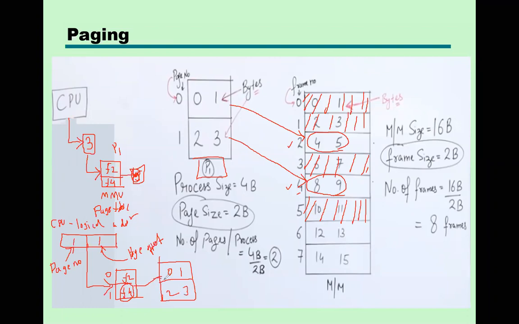So 1 is for the second number. Here is F2 and here is F4, and in F4 the second number means a 3. So here it is a 9. So this 9 is loaded into the CPU by the logical address.